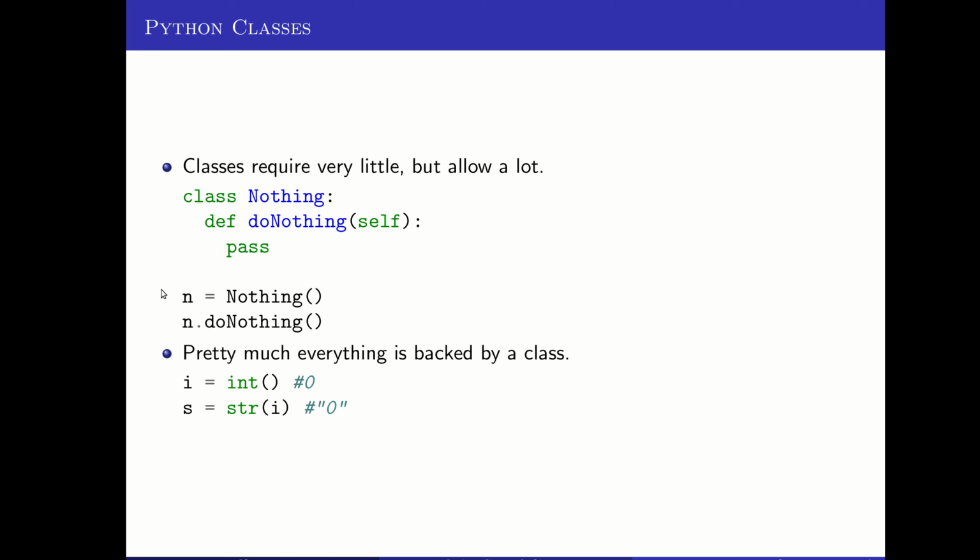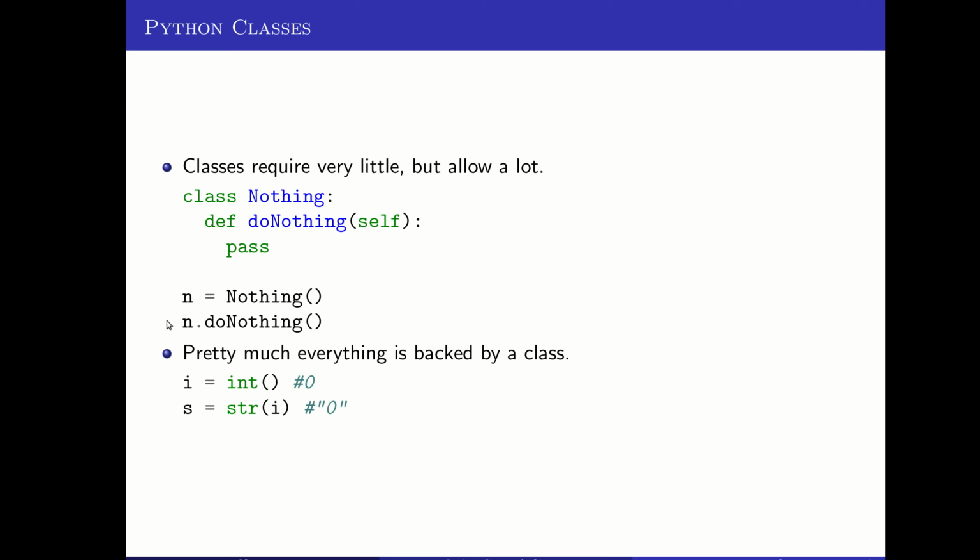So then down below, I create an n variable simply by saying n equals. And what does it equal? Well, it equals a new instance of nothing. And you will see here, by the way, no constructor defined. Everybody gets a free default constructor, and that's what we're using here.